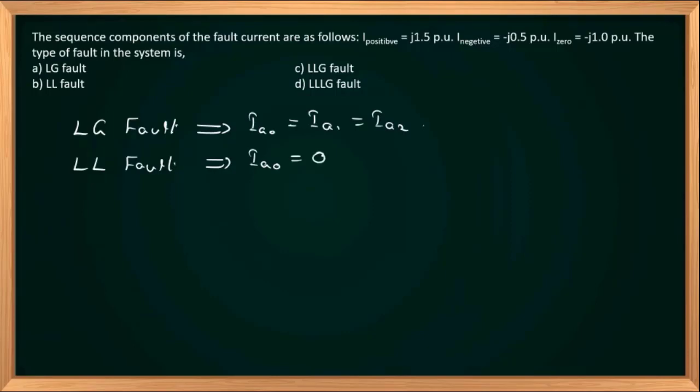IA naught 0 ആയിരിക്കും. ഗ്രൗണ്ട് ഇൻവോൾവ് ചെയ്യാത്ത ഫോൾട്ട് ആയതുകൊണ്ട് the value of zero sequence component will be always 0. And we know that IA1 will be exactly equal to minus of IA2.